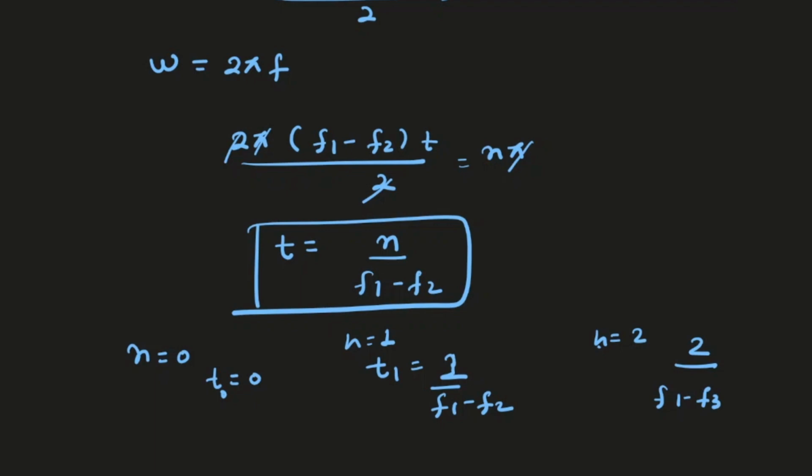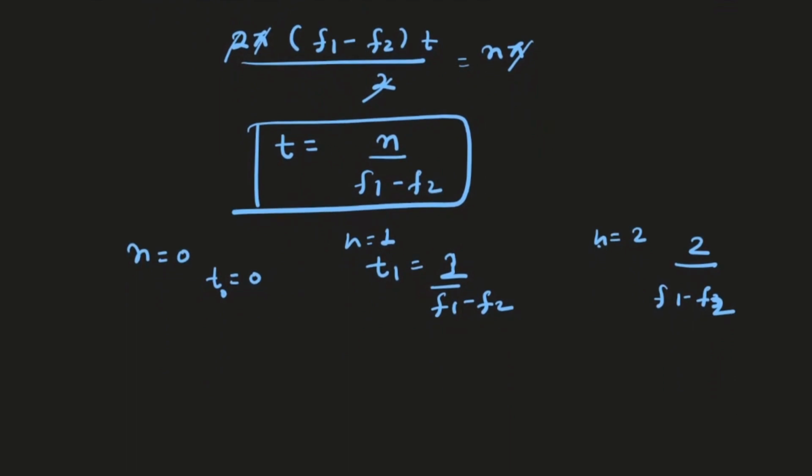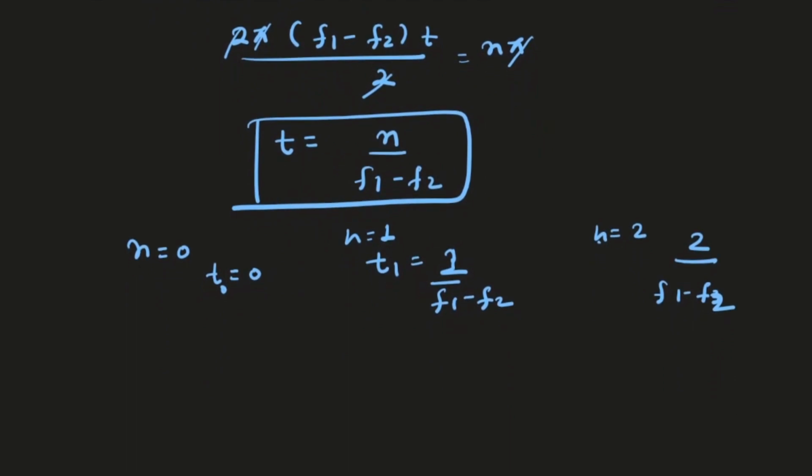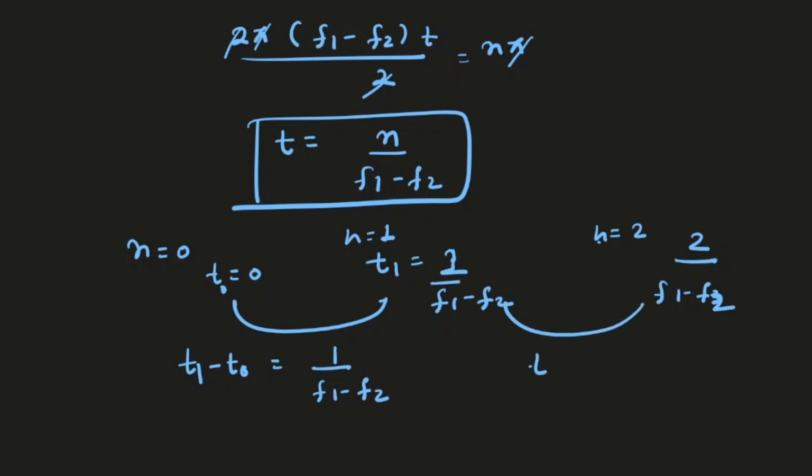Similarly, n equal to 3, then 3 upon (f1 minus f2). And if we calculate the time period, we subtract two consecutive values. So t1 minus t naught equal to 1 upon (f1 minus f2). Similarly, t2 minus t1 will also give 1 upon (f1 minus f2).